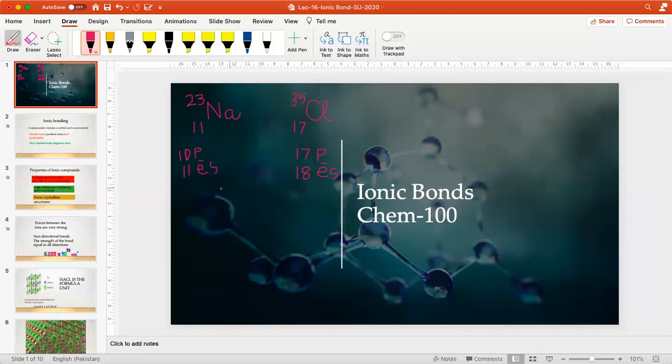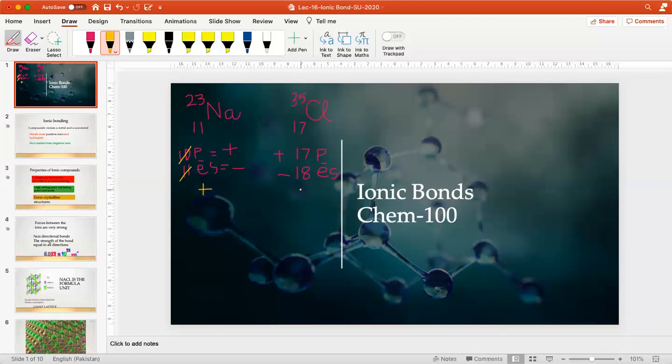Now, we know that 10 protons means that there are 10 positive charges. 11 electrons means that there are 11 negative charges. Same is here, 17 positive charges and 18 negative charges. Now here, when we come over here, we cancel 10 protons with 10 electrons, and one is left. One positive charge is left.